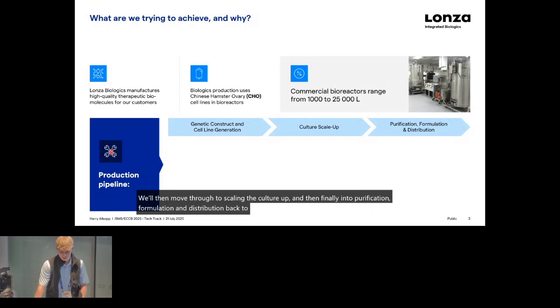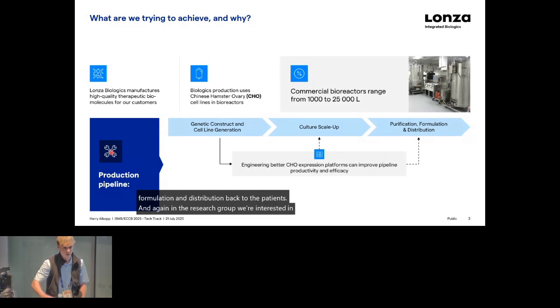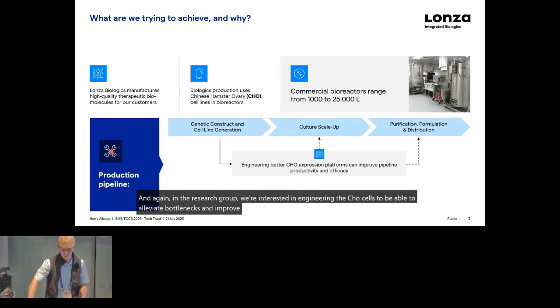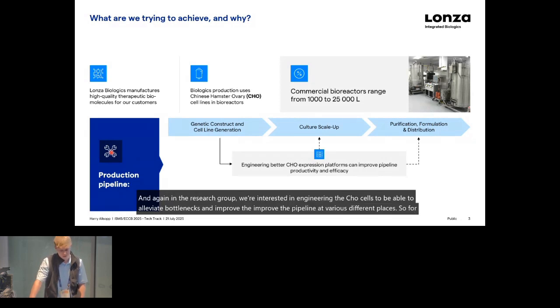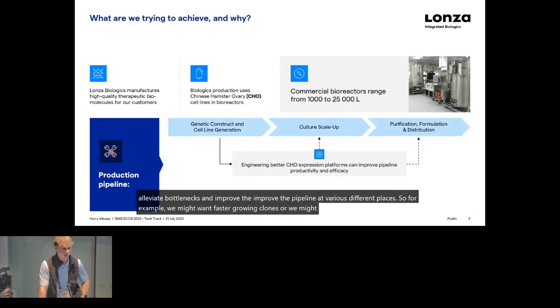In the research group, we're interested in engineering the CHO cells to alleviate bottlenecks and improve the pipeline at various different places. For example, we might want faster growing clones, or clones that produce high quality therapeutics. We can do that by targeting the original cell line.